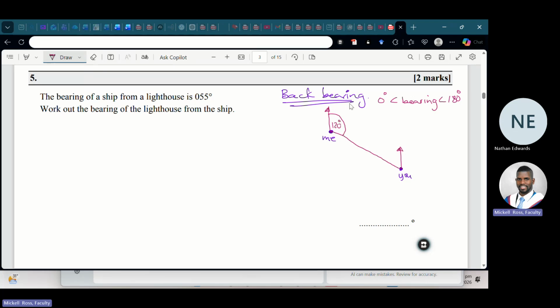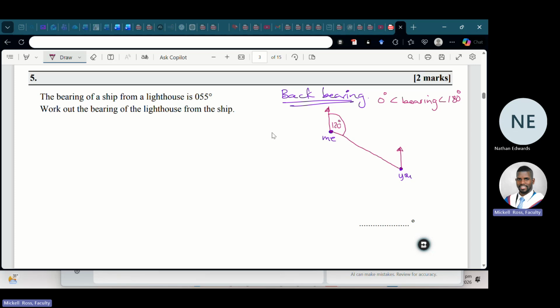Now, if you want to get the back bearing, it means if I'm looking at you, back bearing means you are now looking at me. Since the bearing is greater than 0 but less than 180, you have to add this bearing to 180 to get the back bearing.